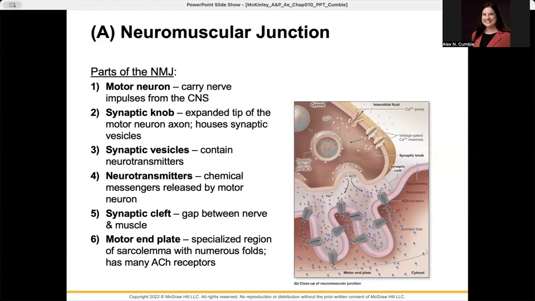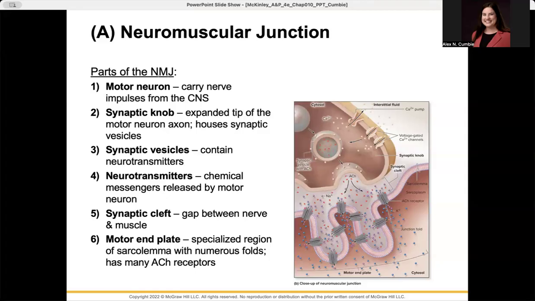The chemical messenger we need to know, because it's the only one we have to memorize, is ACh, which is just the abbreviation for acetylcholine. So acetylcholine is being released from those synaptic vesicles. And the only way that this acetylcholine is actually released is from calcium interacting. We see these voltage-gated calcium channels. When calcium is flooding into the cell, that's going to trigger the synaptic vesicle to fuse with the membrane and release acetylcholine.